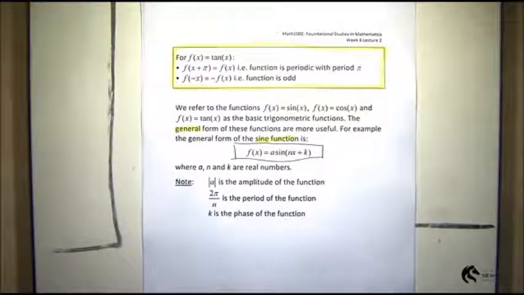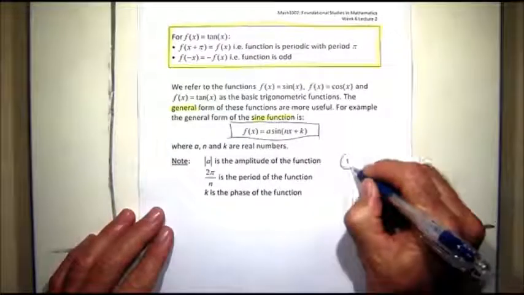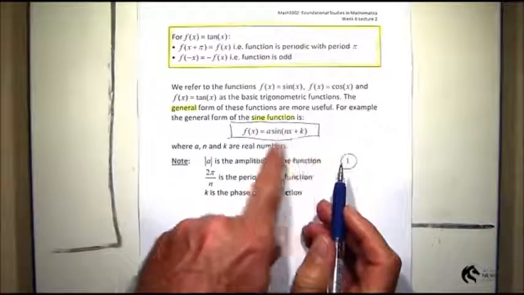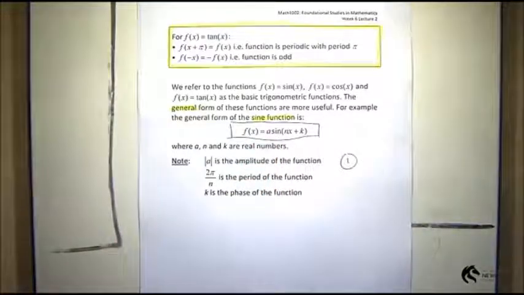Now, harking back to three weeks ago, that you maybe have forgotten but you'll have to bring back to memory: if I have a function and I multiply it by a constant, that stretches the function vertically.